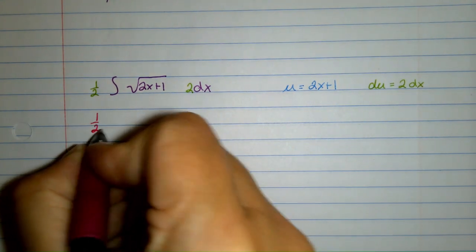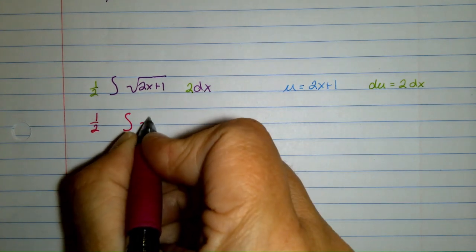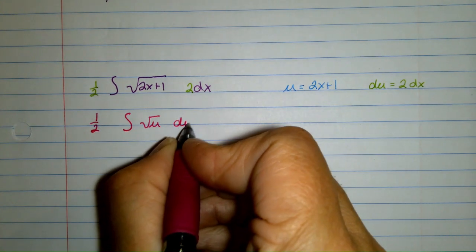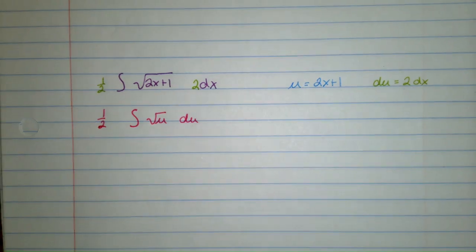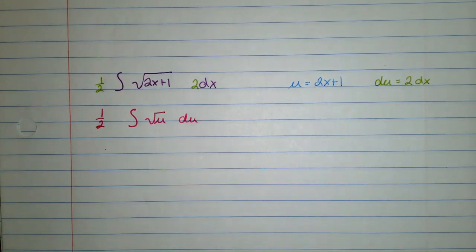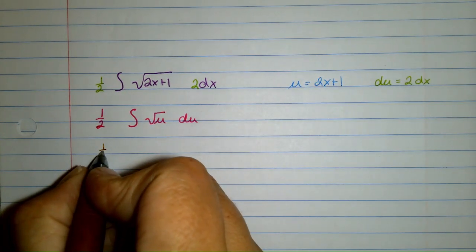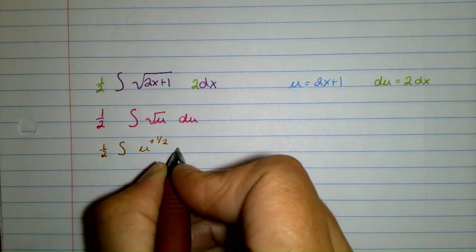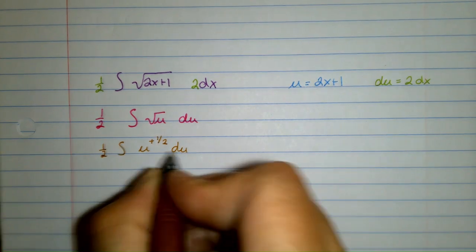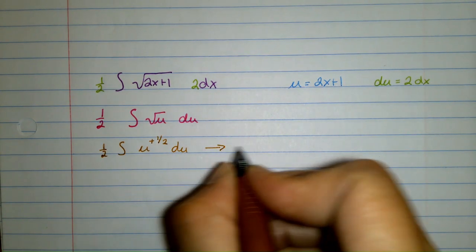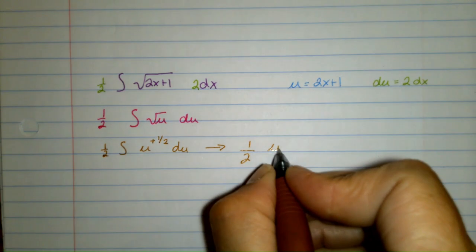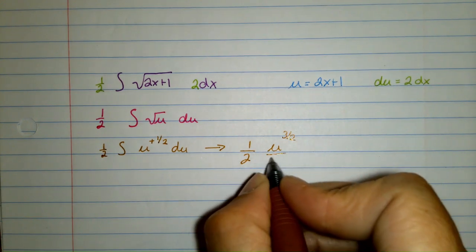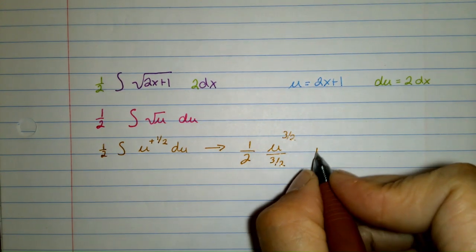So 1/2 the integral of the square root of u du. I got to put that in power form. 1/2 the integral of u to the positive 1/2, sorry, du. So I'm going to add 1 to that. 1/2 u to the 3/2 over 3/2 plus c.